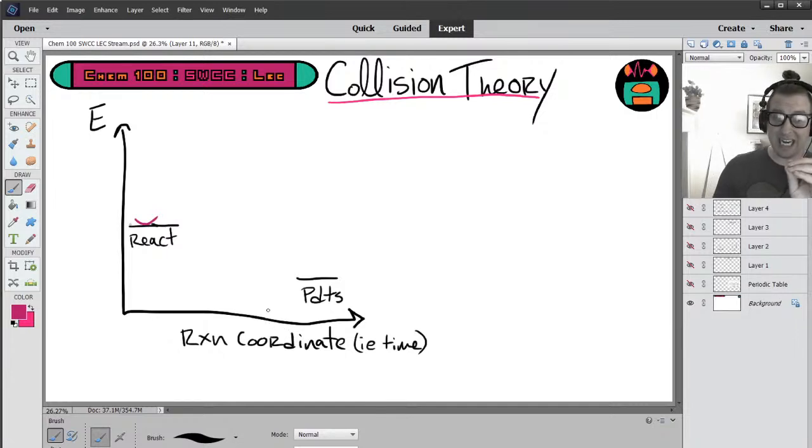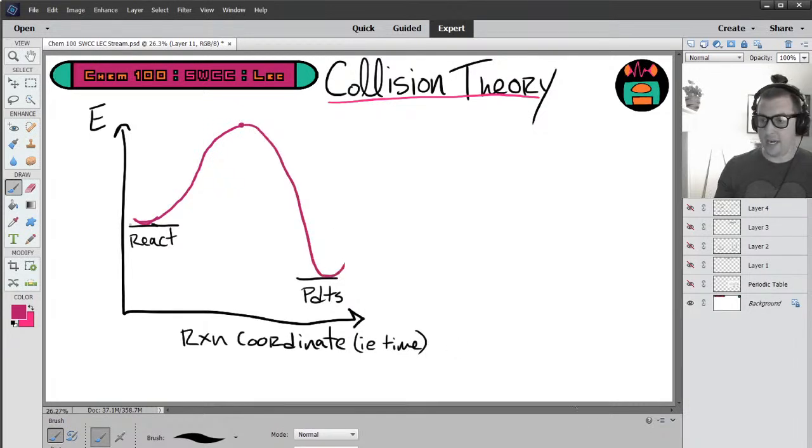And what you'll see is as you have two reactants, we're getting closer to reacting. That means they're approaching their collision. The closer they approach their collision, the higher the energy gets until you hit a relative maximum, and then the energy drops off, all right?